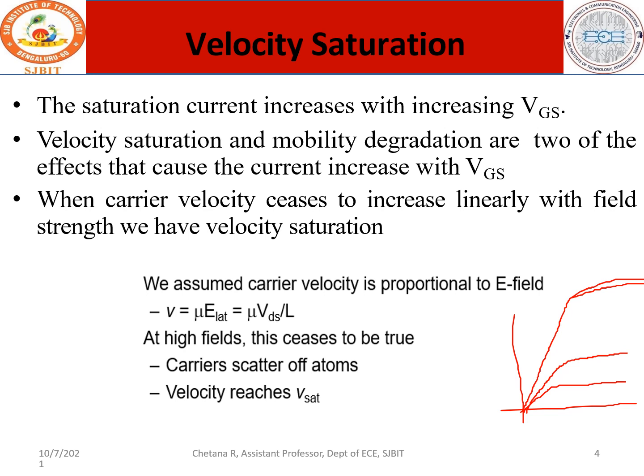When carrier velocity ceases to increase linearly with field strength, eventually as you increase it, the linearity reduces and it tends to saturate. Very soon you will find the linearity drop and you will find the saturation. Whenever the carrier velocity stops increasing linearly, we call it velocity saturation.